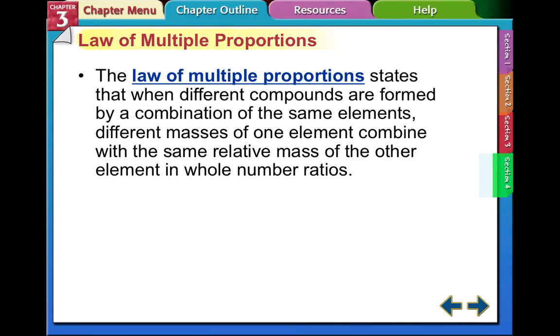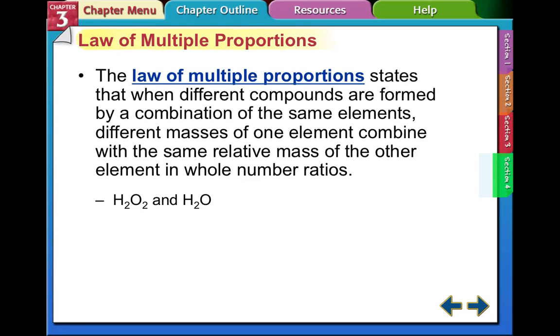Law of multiple proportion states that when different compounds are formed by a combination of the same elements, different masses of one element combine with the same relative mass of the other element in whole number ratios. Okay, so if you look at this, we know we have H2O2.